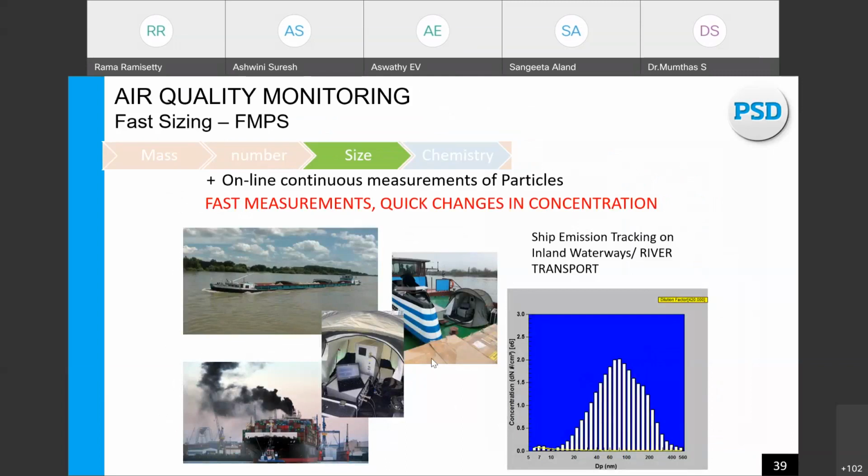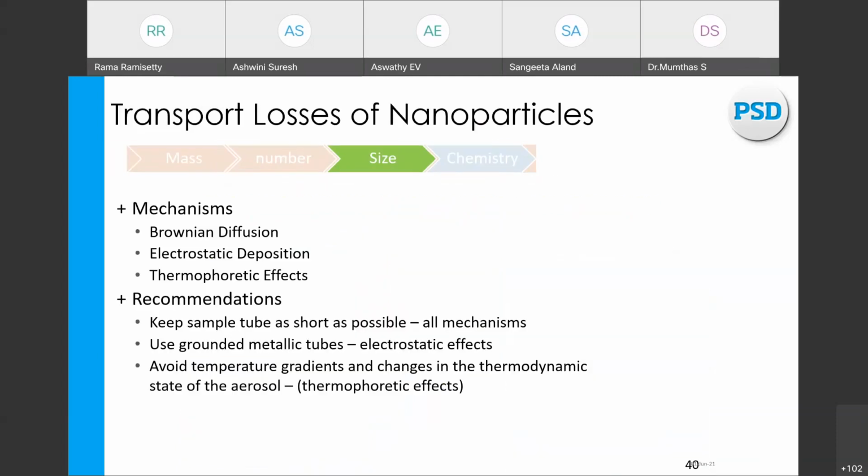When people are developing an engine, they can check the particle number concentrations immediately when there is even a minor change in the development, and also with respect to different fuels. So you can see the change in the particle size distributions so that you can make it better.